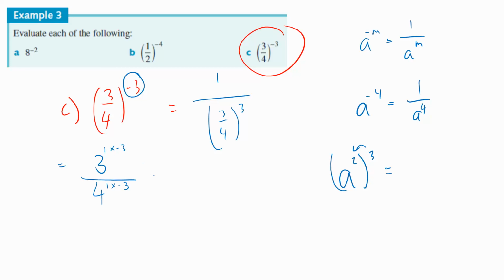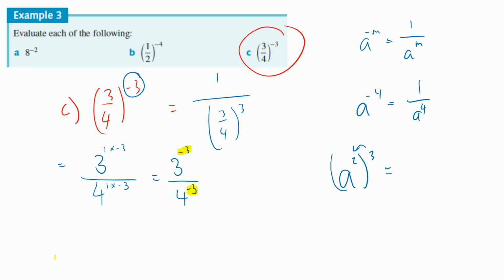Now, when you write this, this is now 3 to the power of -3 divided by 4 to the power of -3. At this point, we don't leave our answers ever with negative powers. Now, the way that your teachers may have taught you in year 10 is if you have a negative power, you can switch from top to bottom and bottom to top.